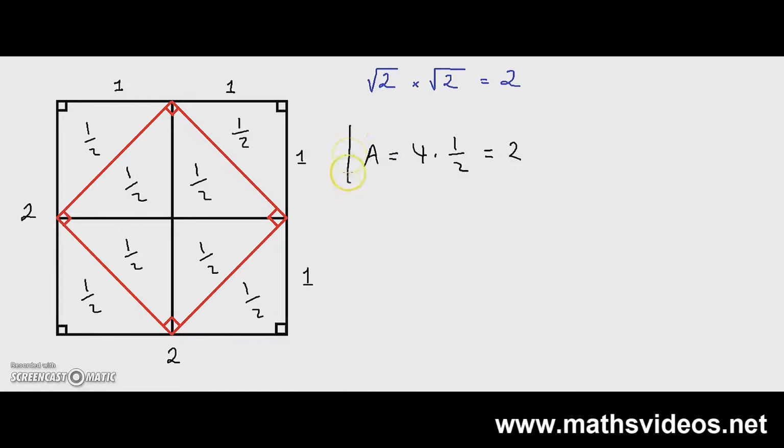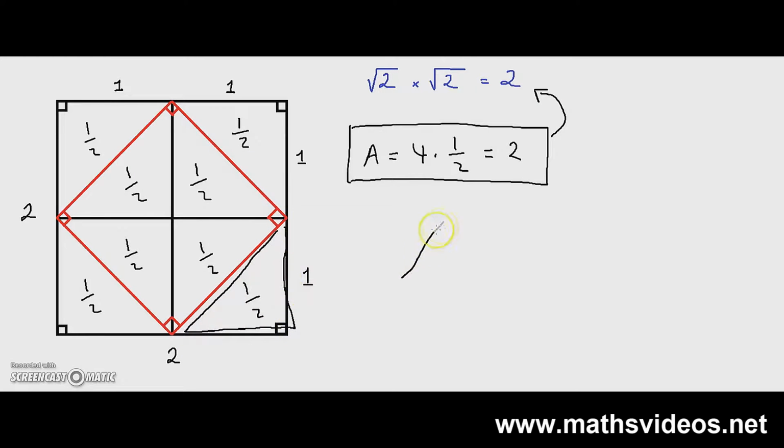And we can use the value of this area over here to prove that the square root of 2 multiplied by the square root of 2 is equal to 2. Now let's focus on this right-angled triangle over here, okay? Its opposite length is equal to 1. And its adjacent length is equal to 1.